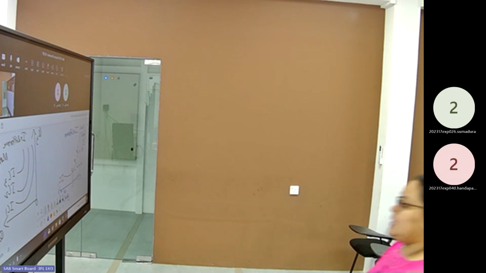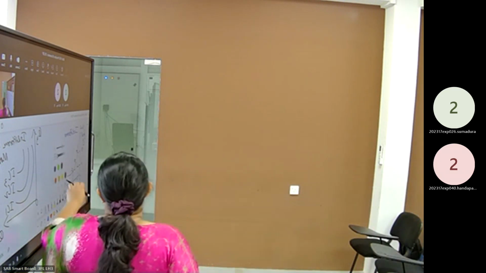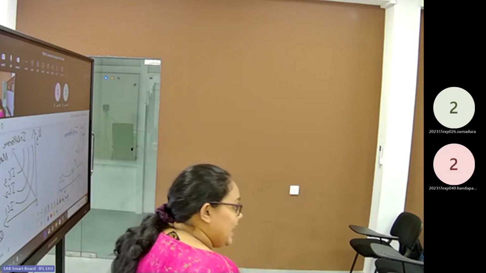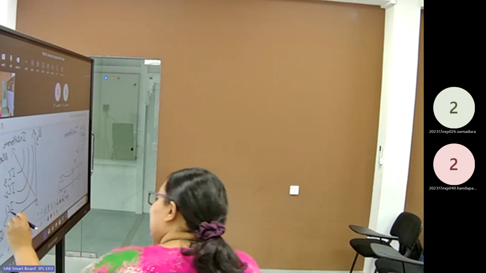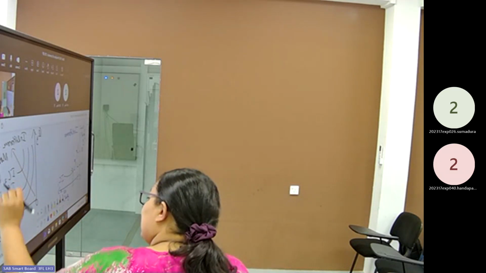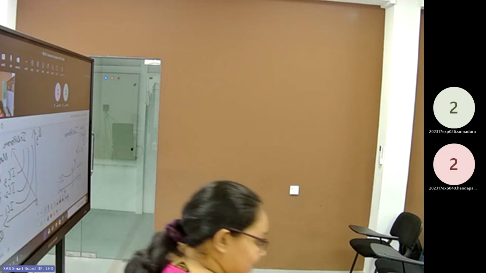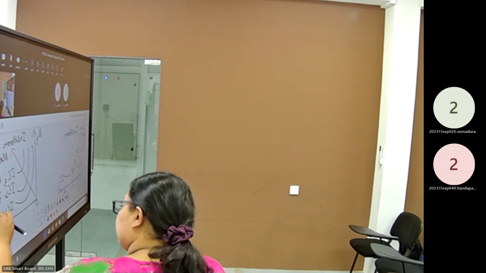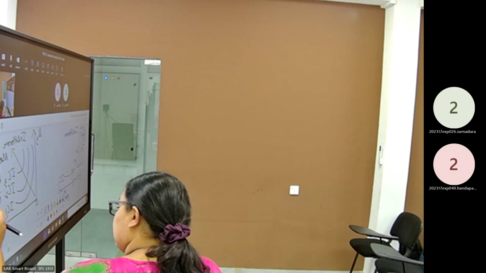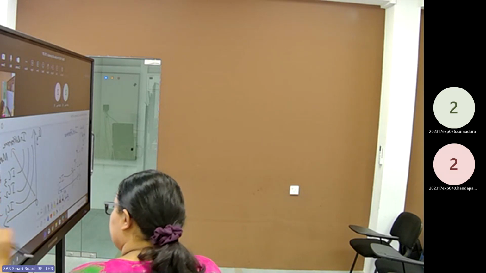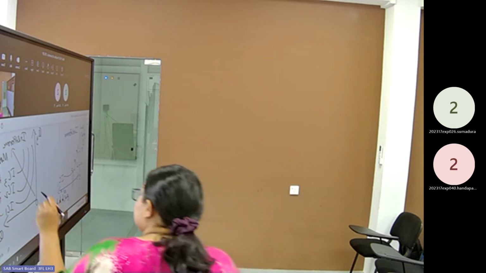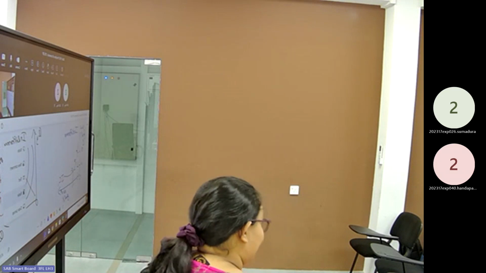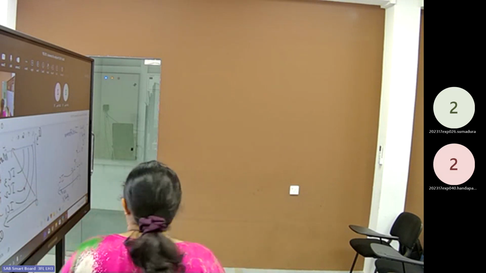The point of this graph is as we go further and further away from the origin, we will have higher and higher satisfaction. That means if you're in this IC2, you're getting a higher rank satisfaction than IC1.